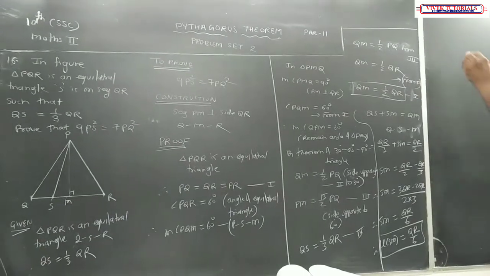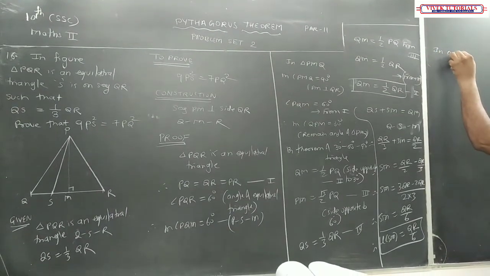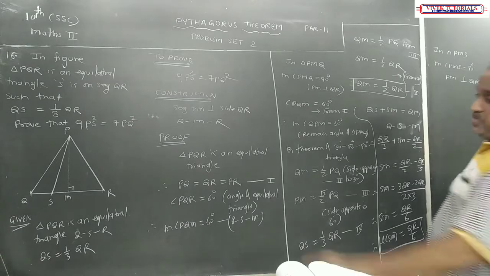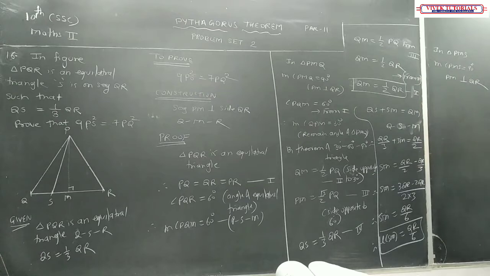Now, I will take triangle PMS. In triangle PMS, measure of angle PMS is equal to 90 degree as PM is perpendicular to QR. I can apply Pythagoras theorem because we want to find out the value of PS only. So PS square is equal to PM square plus SM square by Pythagoras theorem.